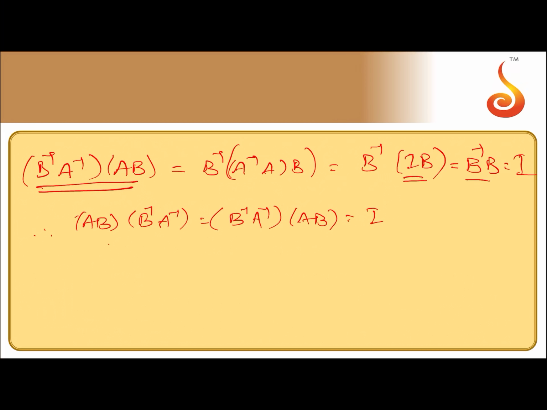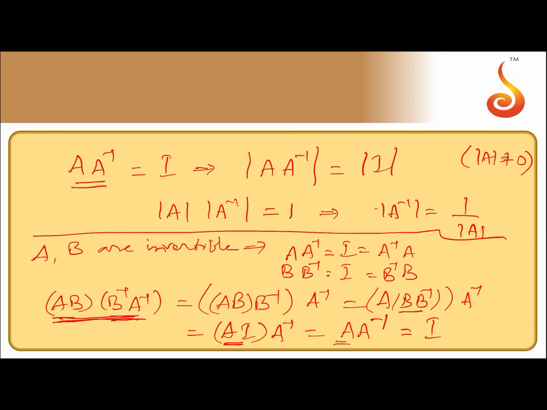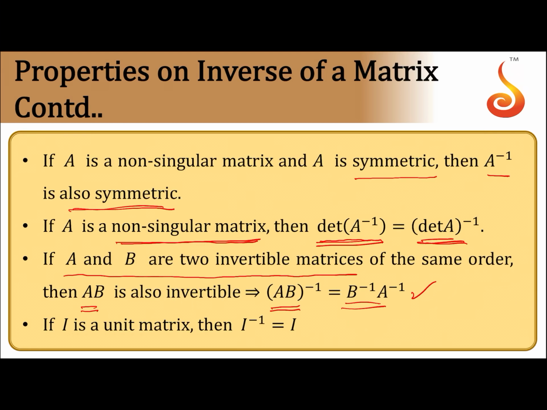This is in the form xy equals yx equals the unit matrix. Therefore, y is nothing but the inverse of x. That implies B inverse A inverse is the same as AB whole inverse. So AB whole inverse is equal to B inverse A inverse. That is this property.